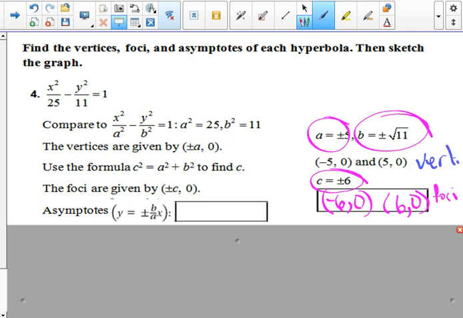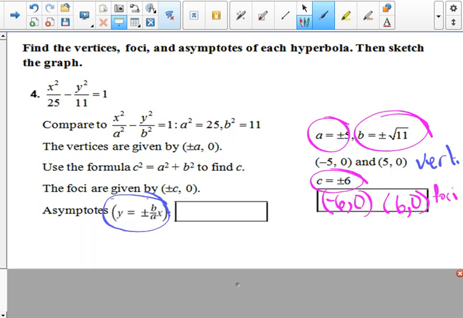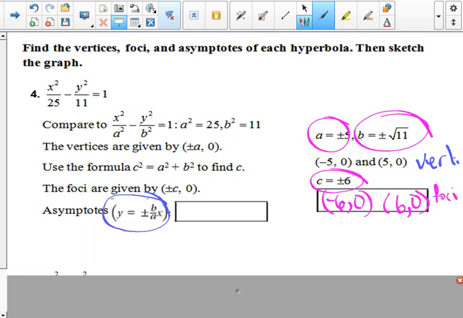And now let's get our asymptotes. It tells you right here it's y equals plus or minus b over a times x. I'm going to write it a little bigger down here underneath the box. It's going to be y equals plus or minus, and b we know is the square root of 11 over 5x.